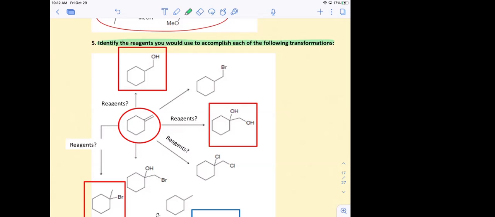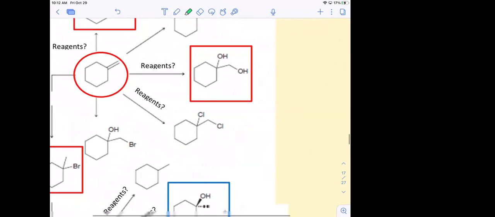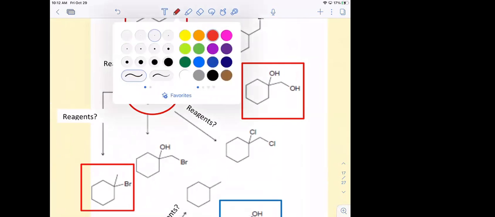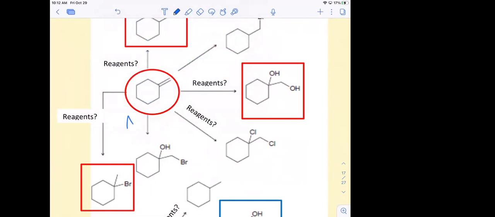All right. And let's start with the diol over here. What would I add to this alkene? This is my alkene. And we've been talking about reactions of alkenes. What would I add to this alkene to convert it into a diol?